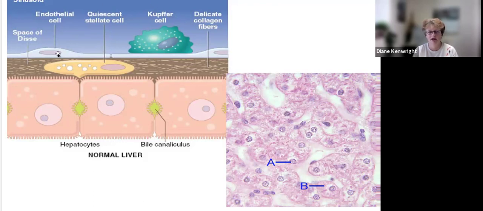We've got endothelial cells lining it, macrophages that we call Kupffer cells, and stellate cells, which are called stellate cells when they're resting, but what they do is they produce collagen and proliferate when the liver is injured. This is the space of Disse.